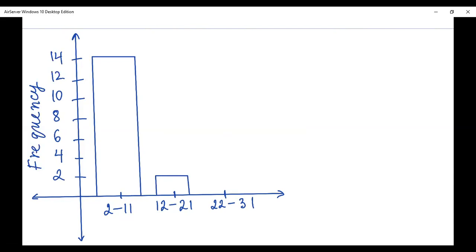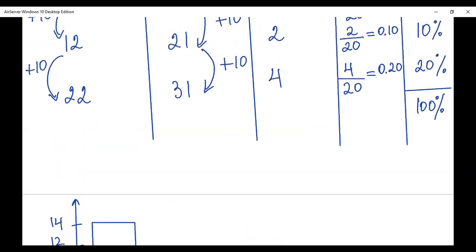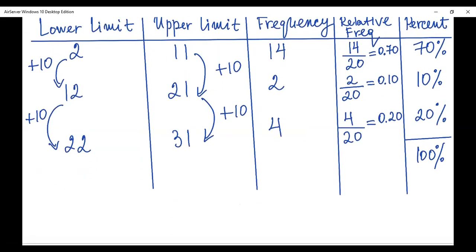And the last one was 4. Okay, perfect. So again, we have 14 between 2 and 11. We have 2 between 12 and 21. And we have 4 between 22 and 31.